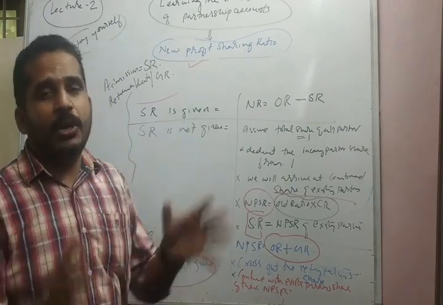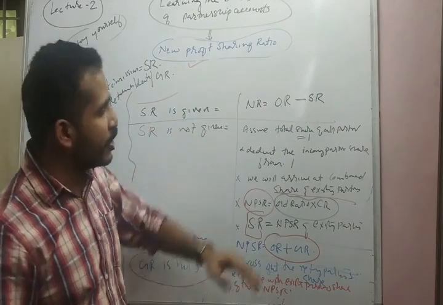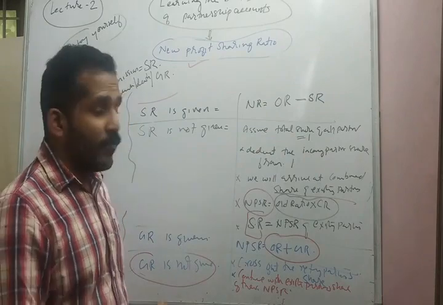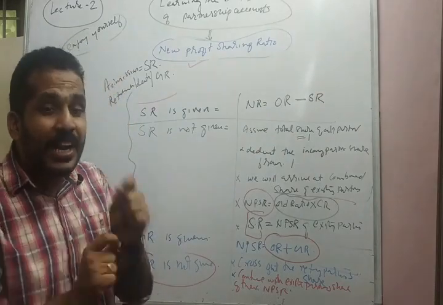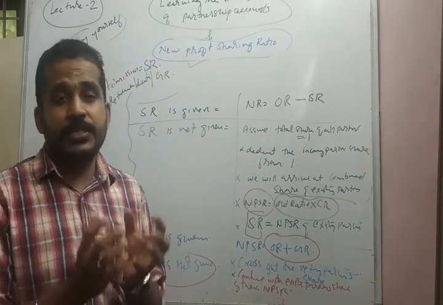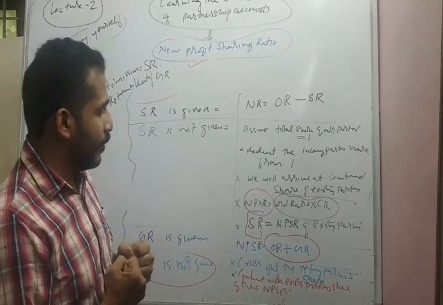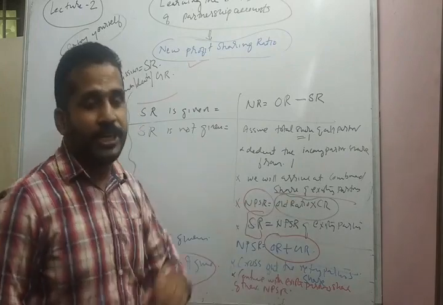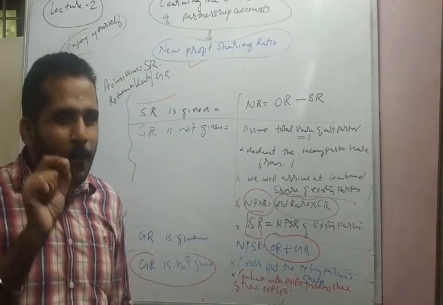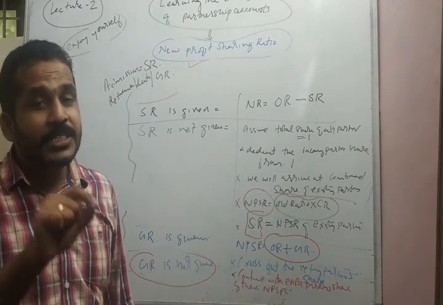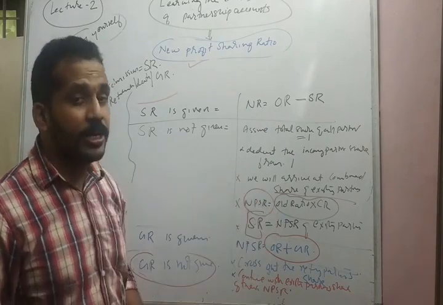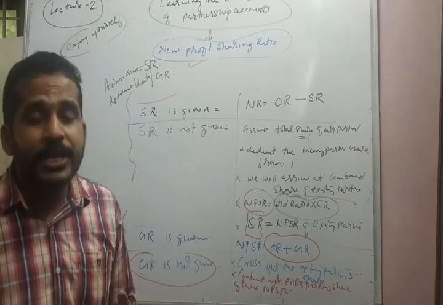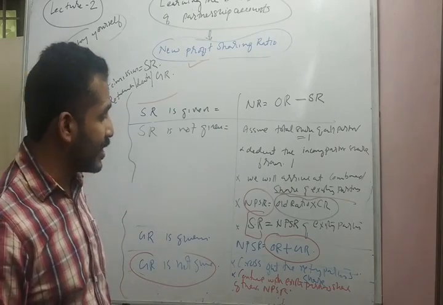Take the whole share of all the partners after admission as one, deduct the incoming partner's share from the total of 1, then we will arrive at the combined share of the existing partners after the admission. Then the new profit sharing ratio will be equal to old ratio multiplied by the combined share of the existing partners. New profit sharing ratio is equal to old ratio into the combined share of the existing partners.